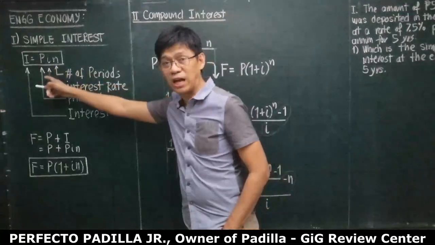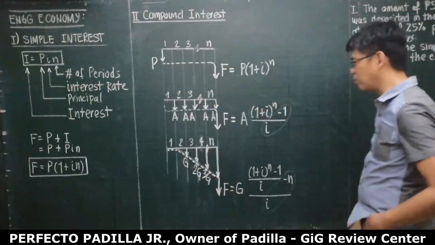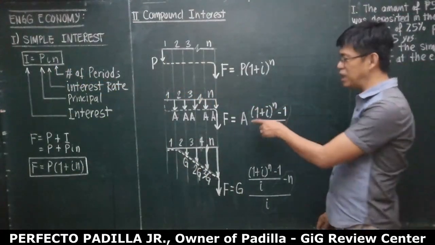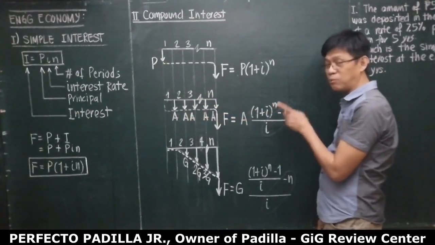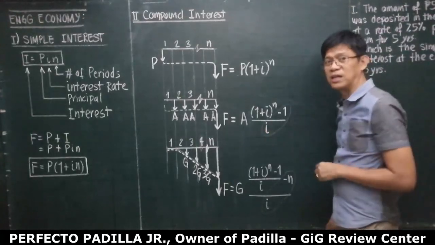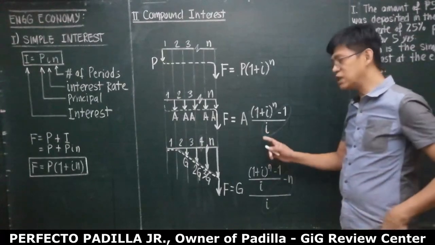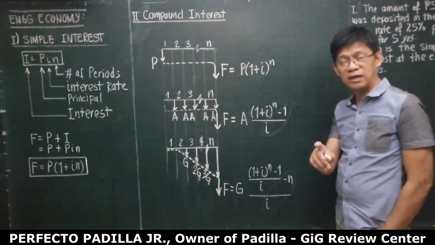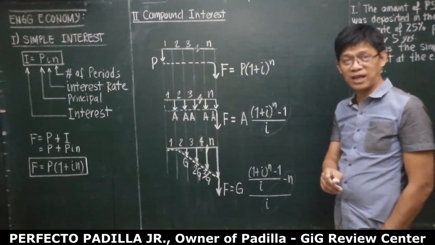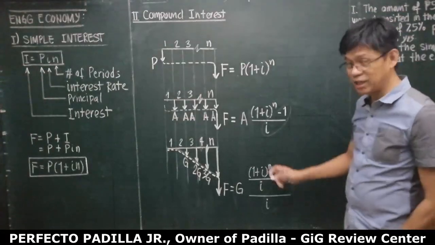Dito, per period lang, ha? Okay? Now, kapag yung A mo, monthly payments, dapat eto months, yung i mo, per month, compounded monthly. Pag yung unit ng i hindi ibinigay, understood yan na per year, ha? Maliwanag tayo.